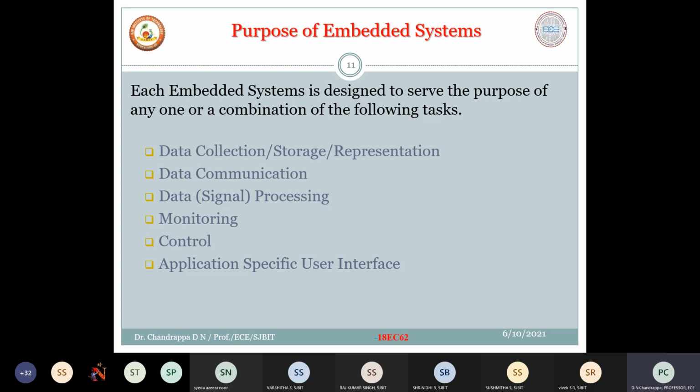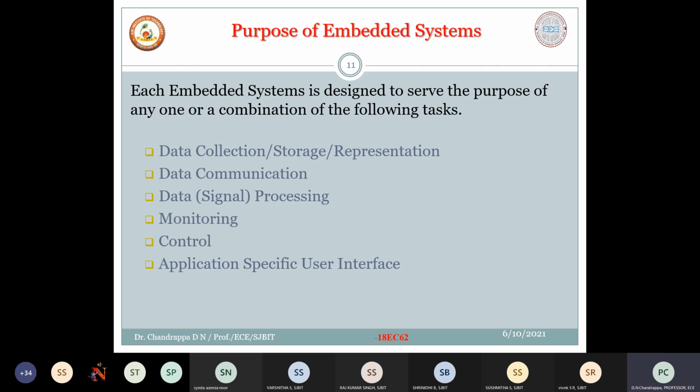And how we are going to utilize it, how the purpose is solved, everything I'm going to discuss in today's session. That is the purpose of embedded system. Mainly here we list out 6 purposes of an embedded system.